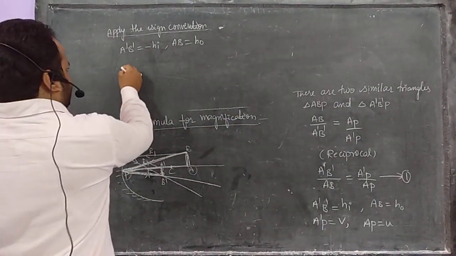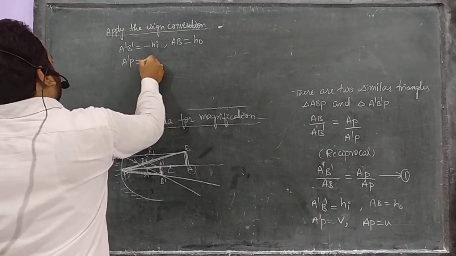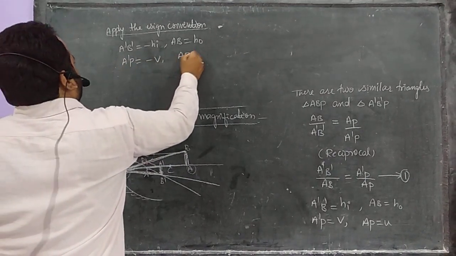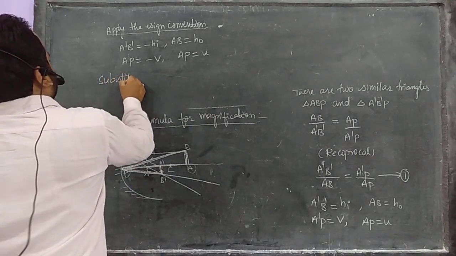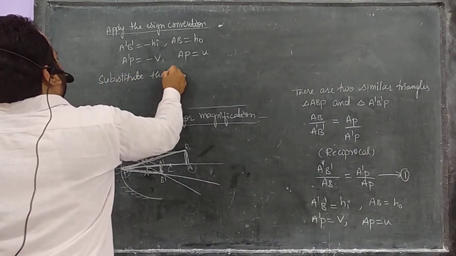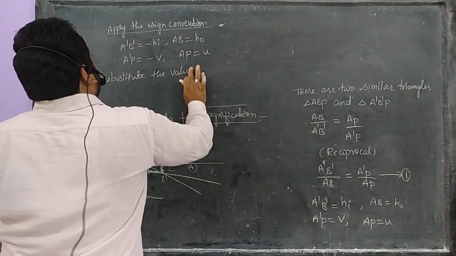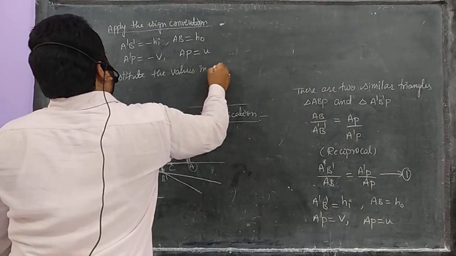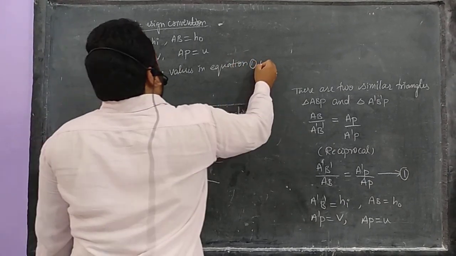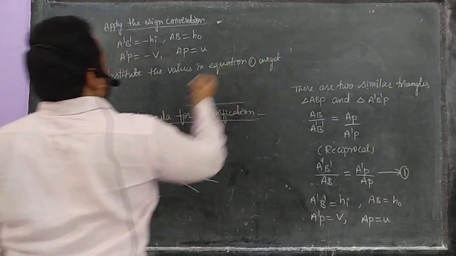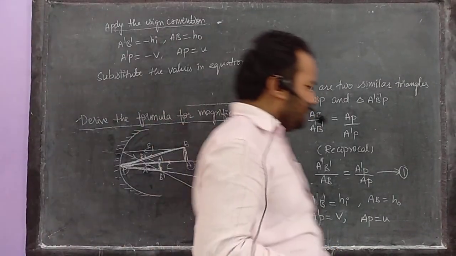So we can write A dash P is equal to minus V, AP is equal to minus U. Substitute these values in equation 1.